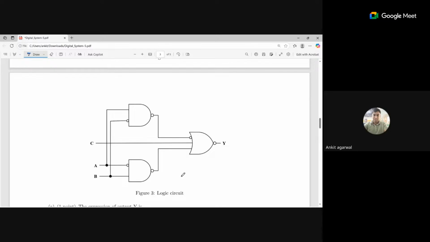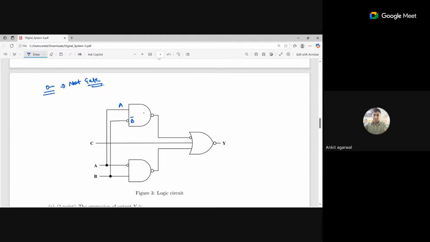Now the thing is that here there is one bubble at an input. So the meaning of this bubble is always a NOT. Either we are talking about the NAND or NOR, so this is the AND plus NOR. So the bubble will be a NOT. So here the input is A and this input is B bar.